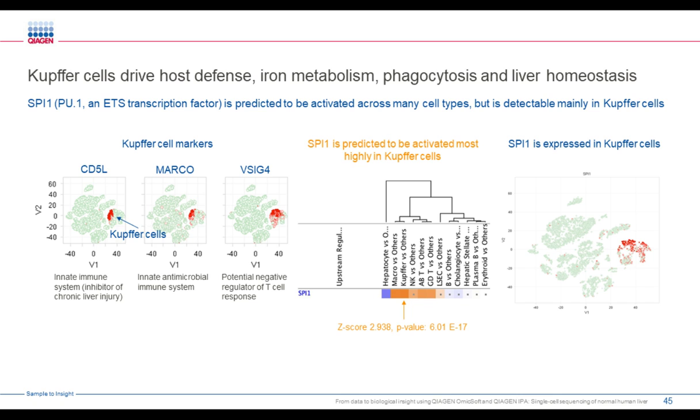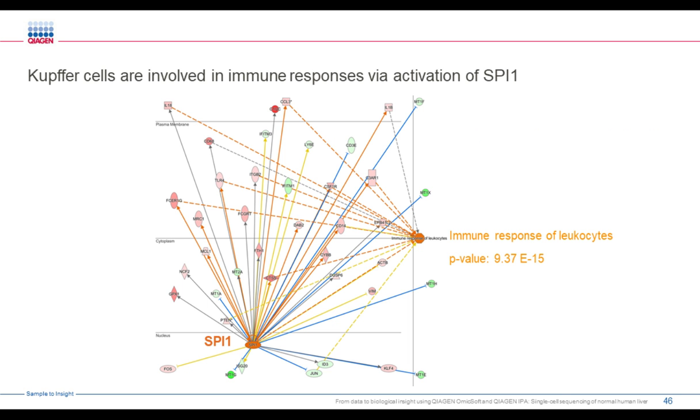So that differs from the previous example, where one gene that is not expressed drives a program in another type of cells. In that case, one factor is expressed in the type of cells and drives the same program within the same cells. Kupffer cells, we know, are involved in immune responses, and you can see that here.